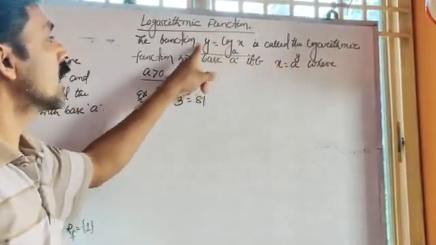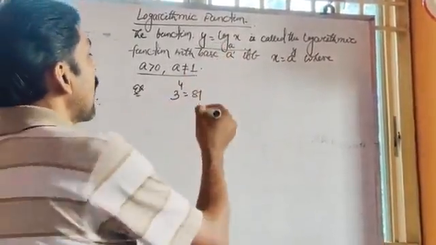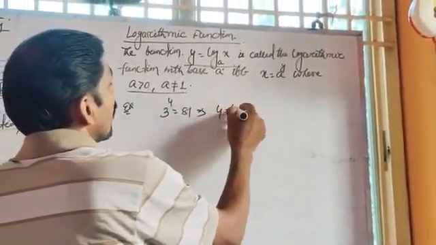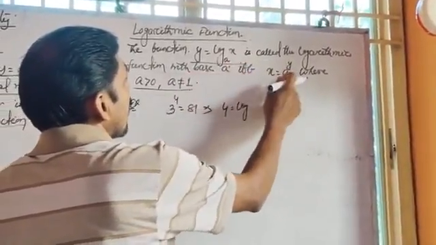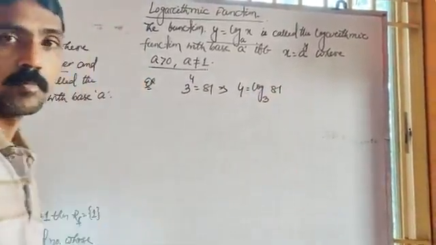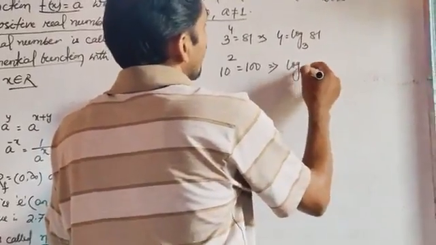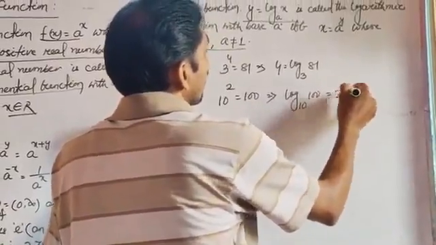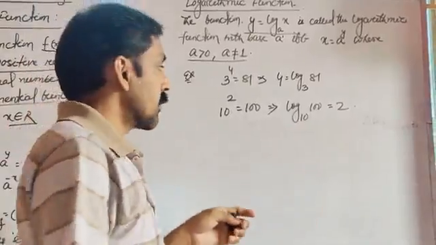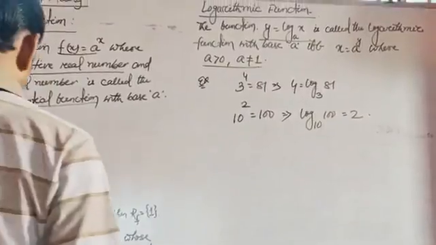Here the power is alone on this side, and the base is the base. So the power 4 equals log 3 of 81, where 3 is the base. Similarly, log 10 of 100 equal to 2. The base is on this side also. So this is the definition of the logarithmic function.